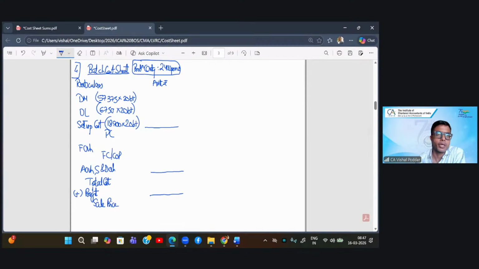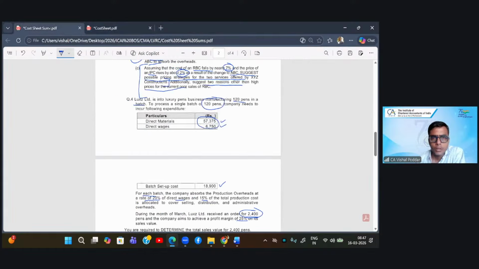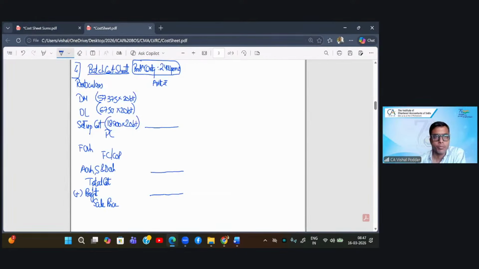Now this will help you find out your cost for 2400 pens, correct? Production overheads is 20% of direct wages and other overheads are 15% of production cost. Right? Chalo. Then tell me the figures.